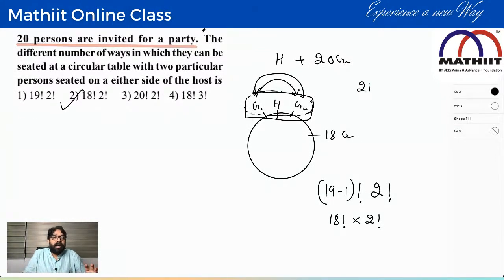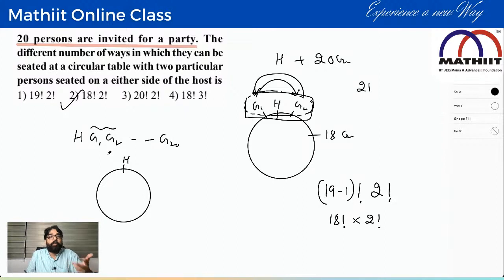20 people are invited for the party. So in total we have H, G1, G2, and so on to G20. The 21 objects are there: H, host, G1, guest 1, guest 2, till guest 20. 21 objects we have to arrange in a circle. But the condition is that in this circle, wherever H is, I don't know at which place, G1 and G2 should come around it. Those 2 particular guests, any 2 particular ones you can take.